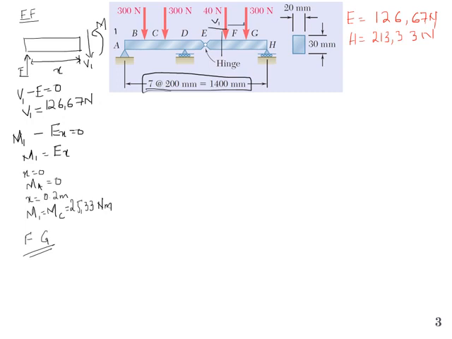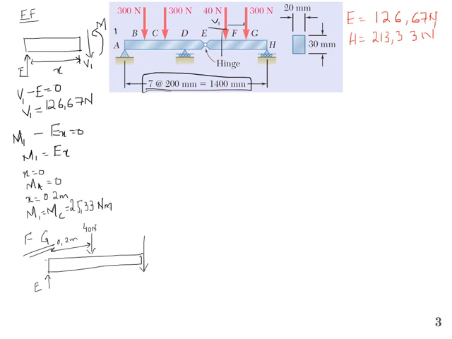So let me draw the free body diagram for that segment. We have E, we have one force of 40 Newton, and this distance will be how much? 0.2 meter. And we have shear force acting.